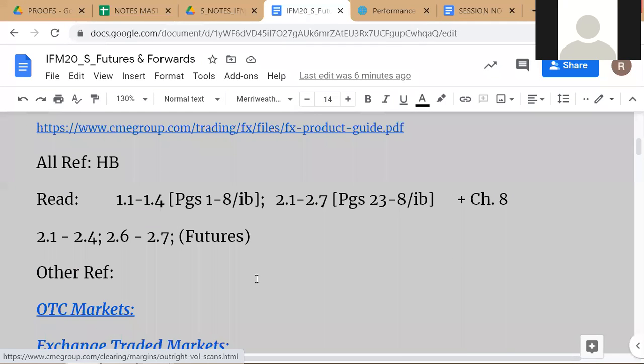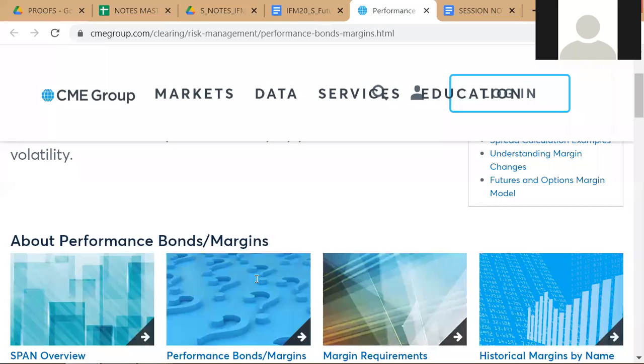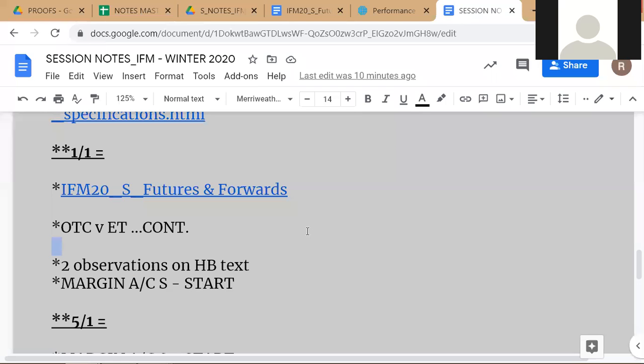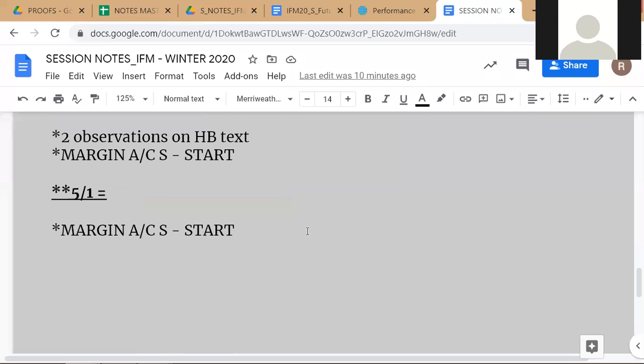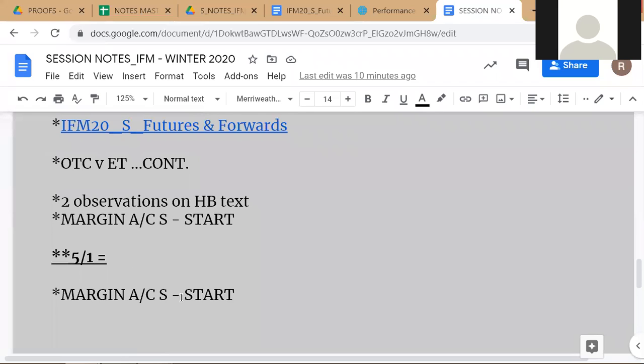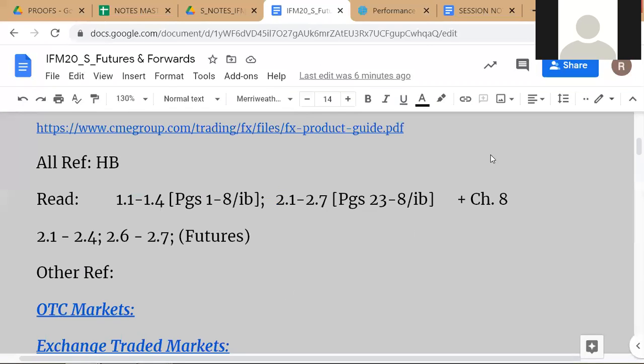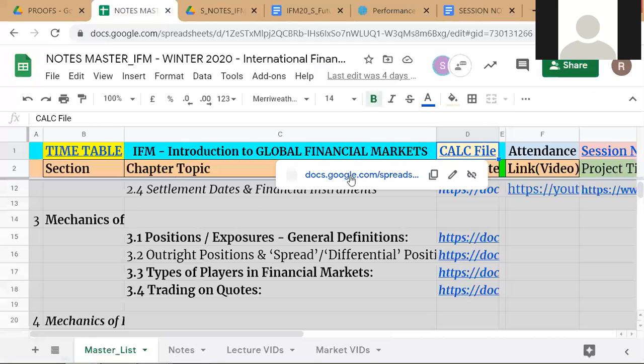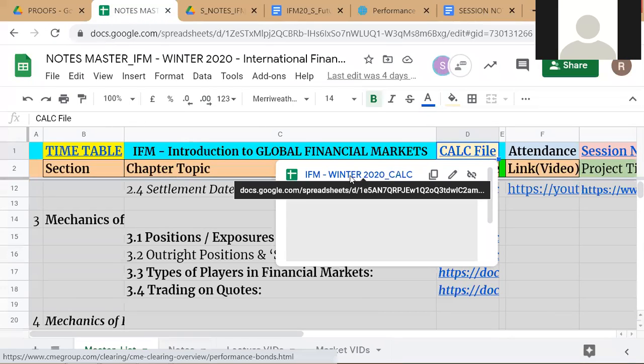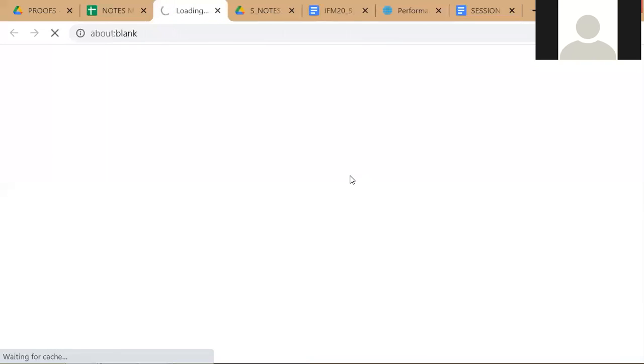Right, so we were discussing margins. We will continue with margin accounts. We were looking at the working of margin accounts. Let's open our calc file.